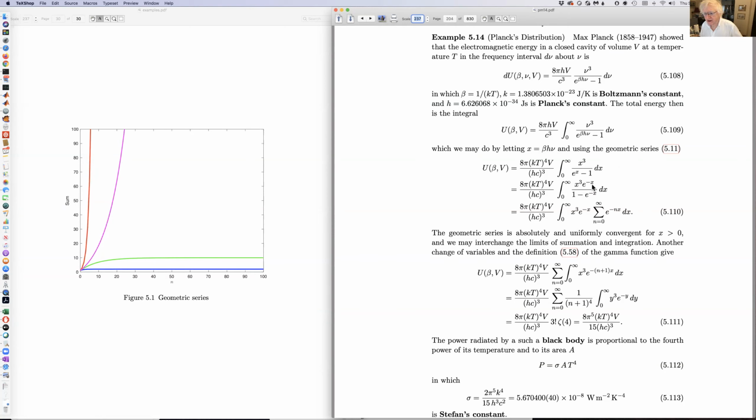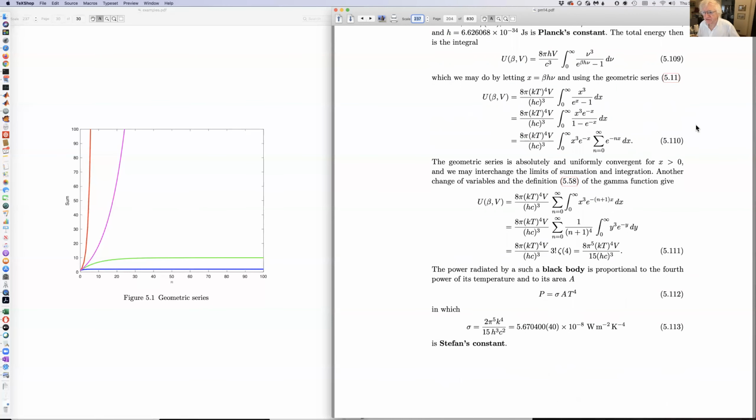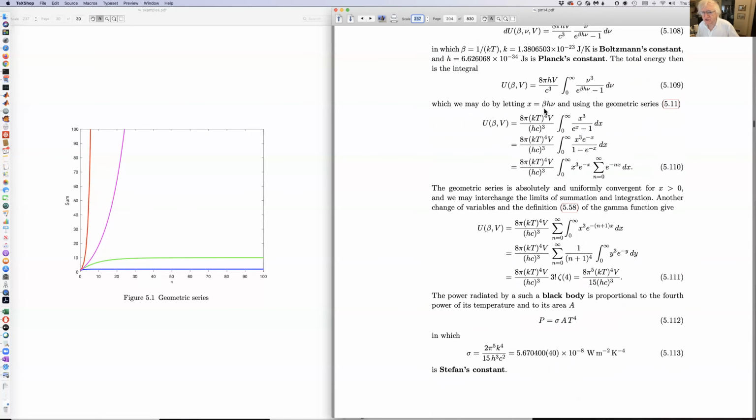That's x cubed e to the minus x over 1 minus e to the minus x, well, that's this power series, in fact, the geometric series that we were talking about over here. And it's absolutely and uniformly convergent if x is greater than 0. And of course, beta is 1 over kT, k being Boltzmann's constant.